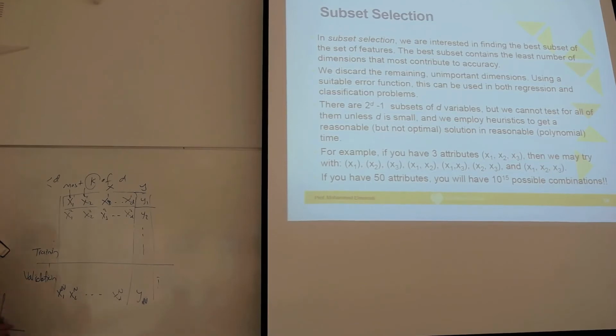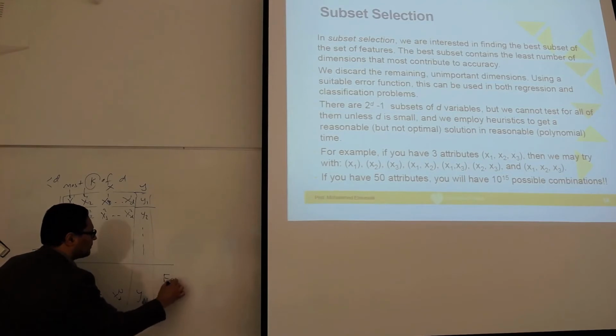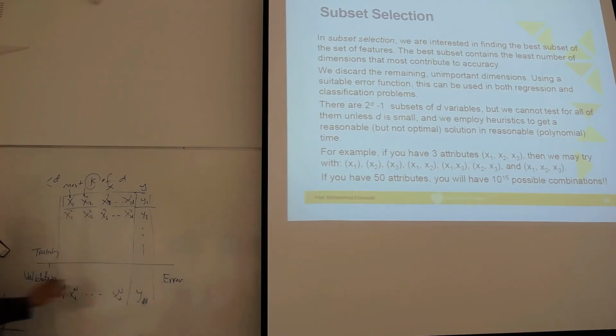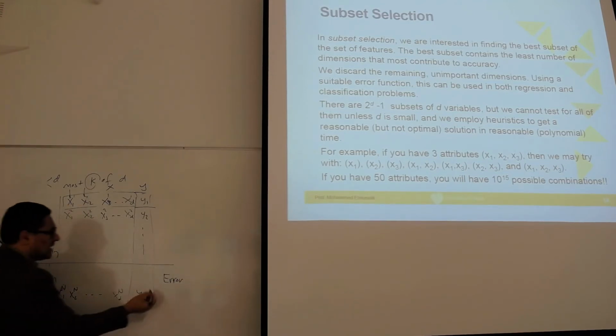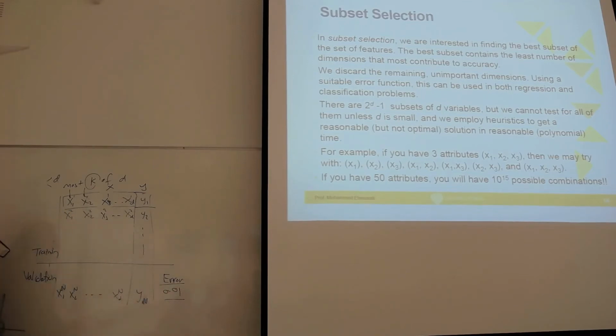Now over the validation, we have achieved some error value. For example, let's say that the average error over validation is 0.01. Now what you do, simply, you remove X1.